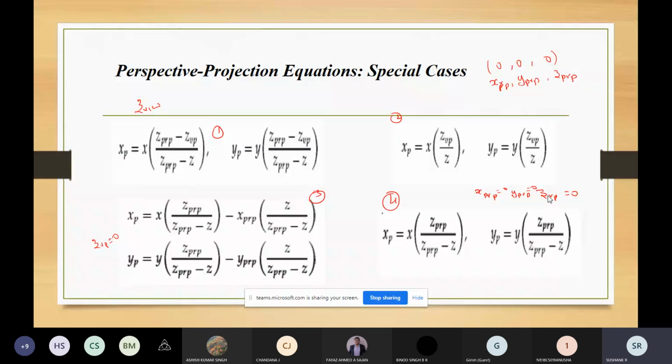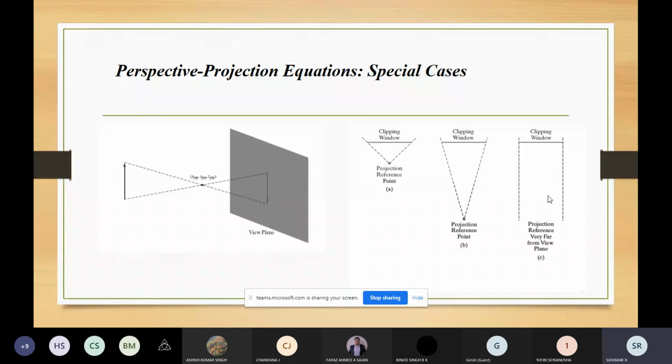After this, we have two images on the left hand side and the right hand side. If the projection point is on the view plane, then the entire scene will be considered like a single point.